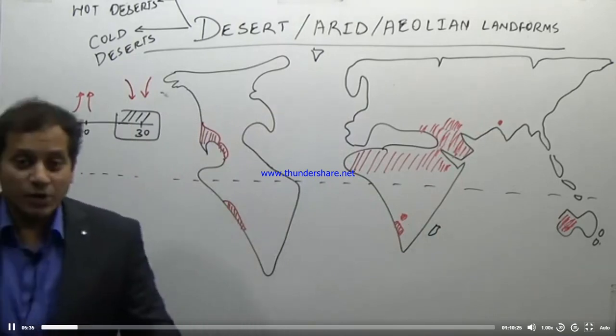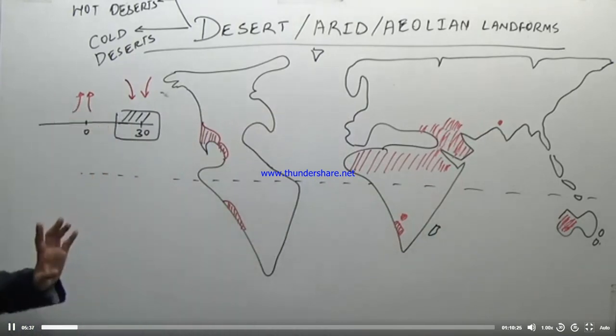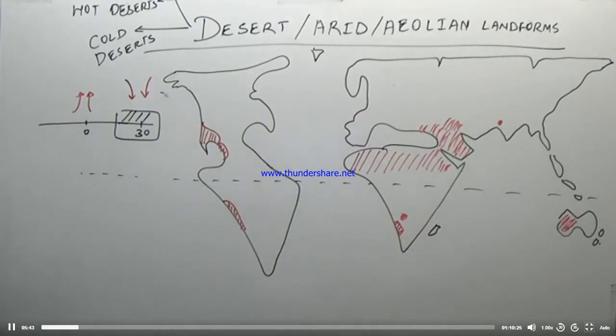Now you see, on which side of the continent are these located, except for Indian deserts? If you see the location of the deserts, they have a specific kind of location, that they are mostly located on which side, the eastern side or the western side of the continents? What is their location?